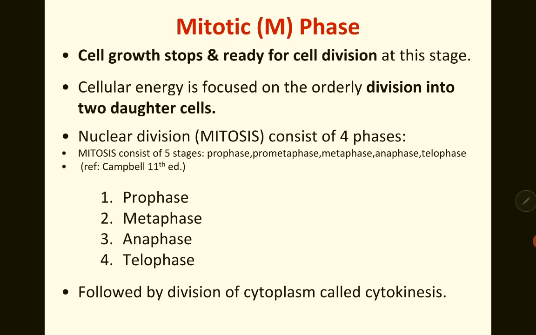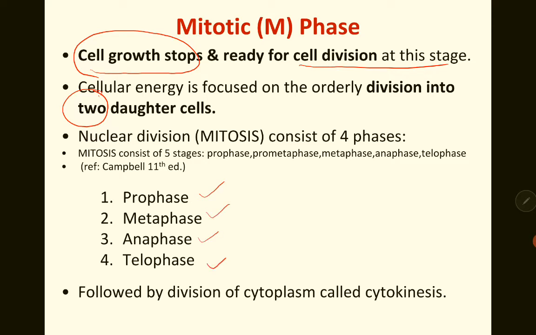So in mitosis, cell growth stops after the cell cycle and the cell is ready for division at this stage. Cellular energy is focused on the orderly division into 2 daughter cells. Mitosis consists of 4 phases: prophase, metaphase, anaphase, and telophase.